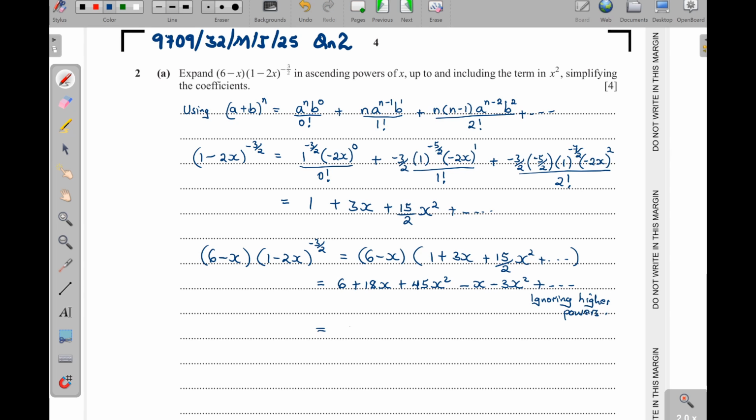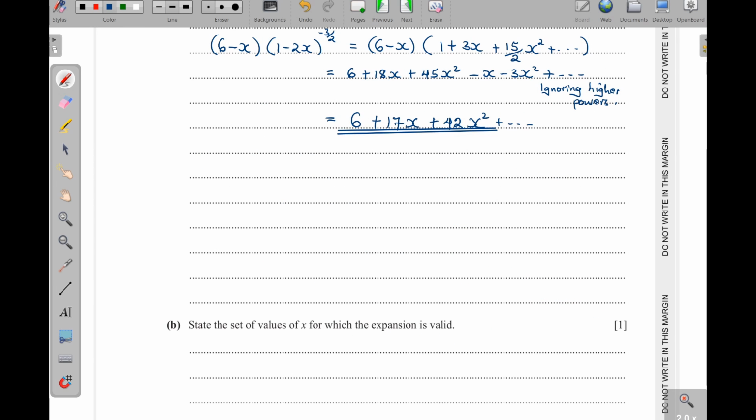So meaning our answer is going to be a 6 here. Then this is 18 minus 1, that will be 17. So plus 17x, and then 45 minus 3, that will be a 42. So plus 42x squared. The rest which are continuing, we don't need them. So this will be our answer.